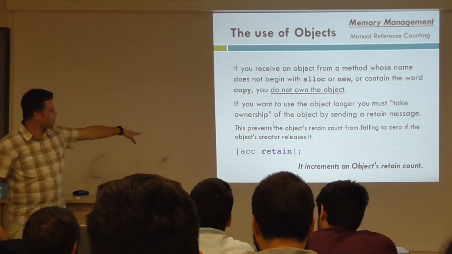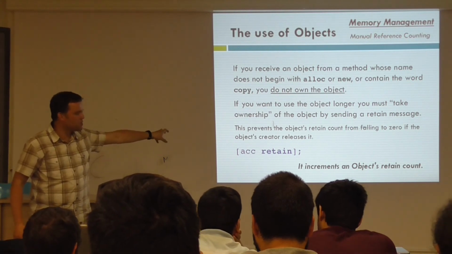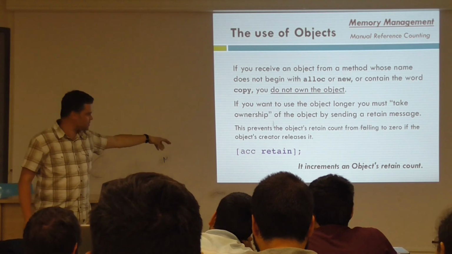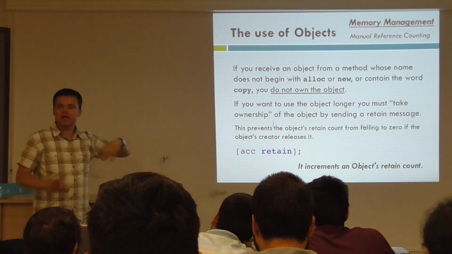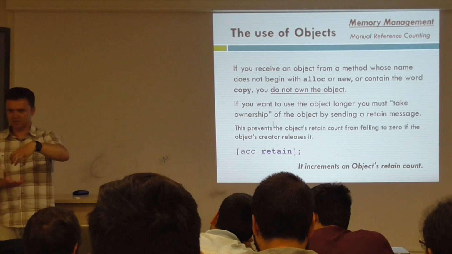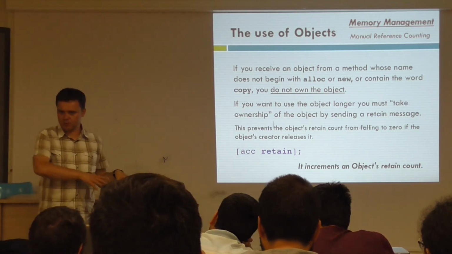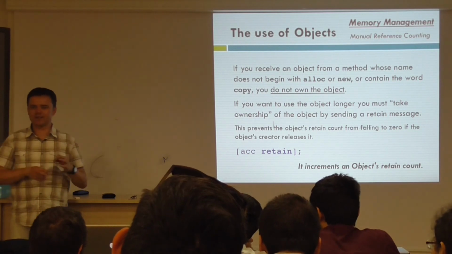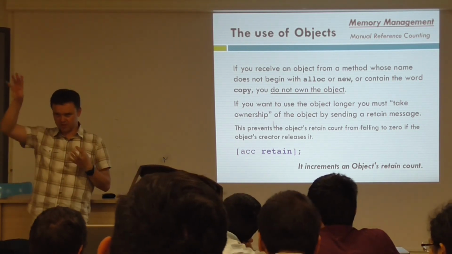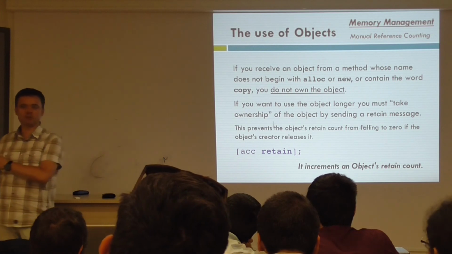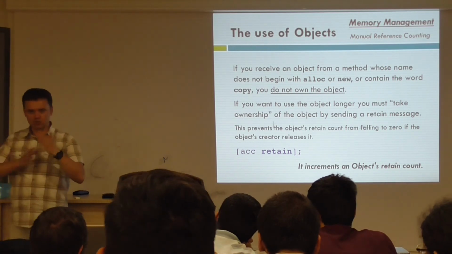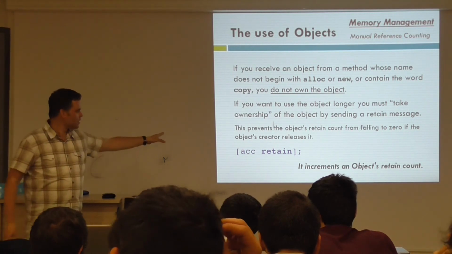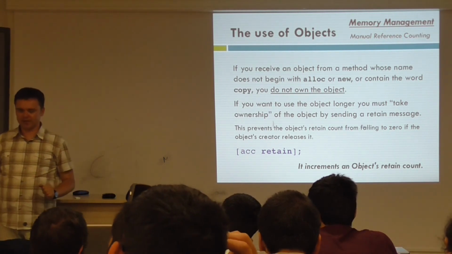So retain means that we also send information to the system that we will use it in this part of the code. Now we are sure that no one will remove this object from memory in another thread, because we can create multiple threads in applications. So it could be complicated, but we should know about it.